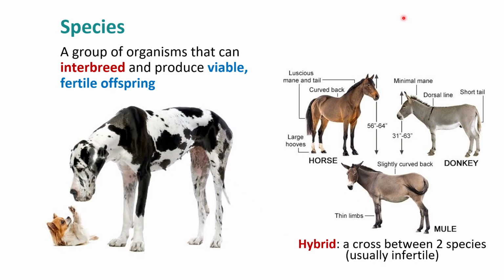For example, the mule is a hybrid produced from a female horse and a male donkey. Horses have 64 chromosomes, donkeys have 62, and mules have 63. This is an odd number that impairs further sexual reproduction. So these animals cannot sexually reproduce, and therefore they would not be considered a new species. They would be a hybrid.